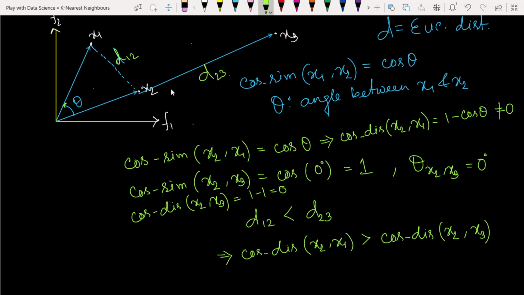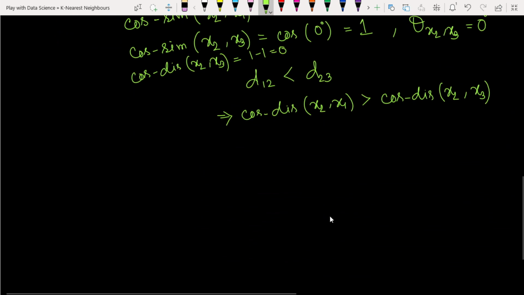Geometrically, the Euclidean distance is larger here, but the cosine distance is totally 0. Now we derive the relationships between cosine distance and Euclidean distance.